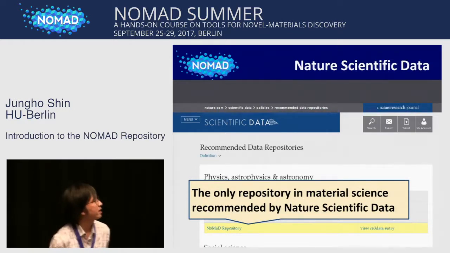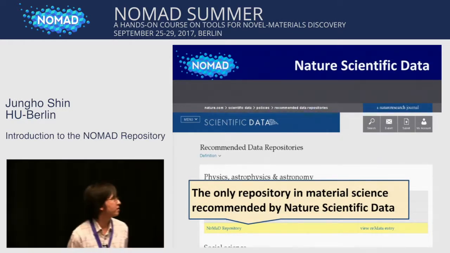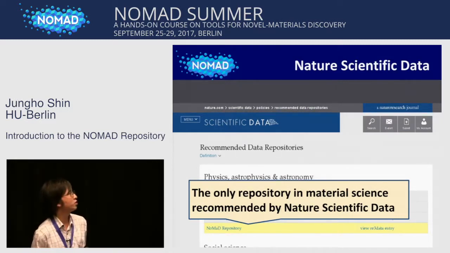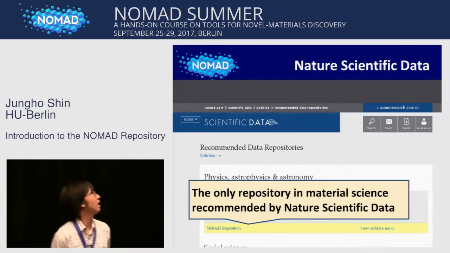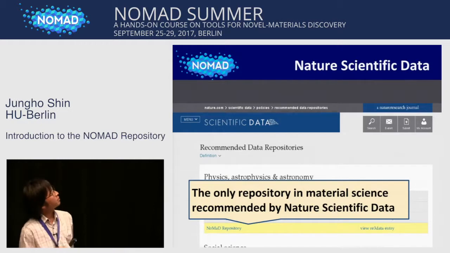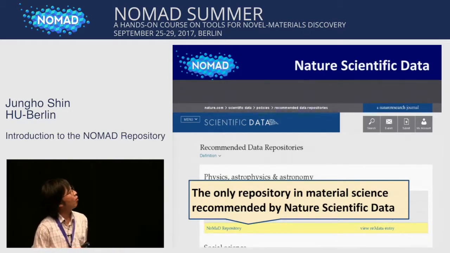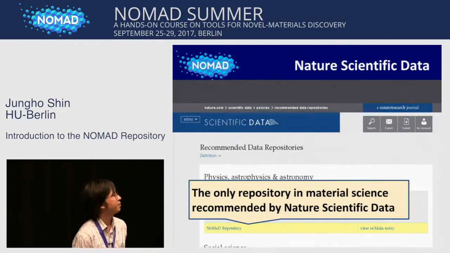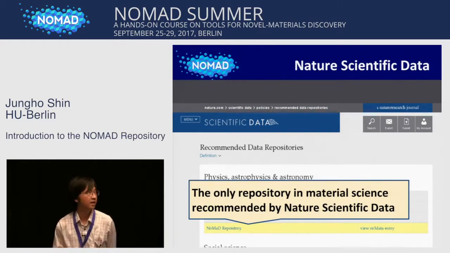There is a very strong reason why you should create your DOI in our NOMAD repository: NOMAD repository is the only repository in materials science recommended by Nature Scientific Data.